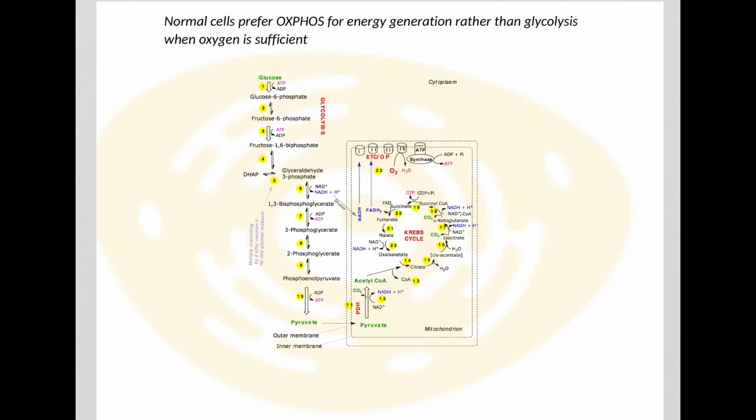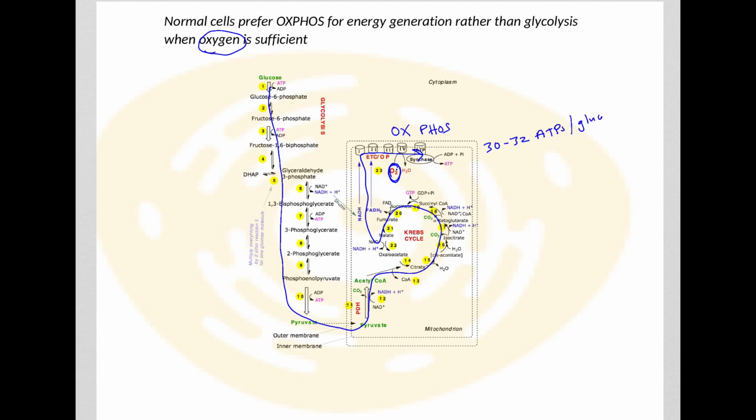So when oxygen is sufficient, if there's enough oxygen available to the cell, since you can see here oxygen is required for this OXPHOS part here, then the glucose will go through this whole system that we just discussed, and that will give the cell 30 to 32 ATPs per glucose molecule.